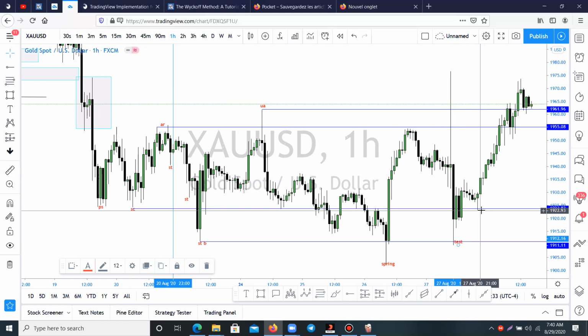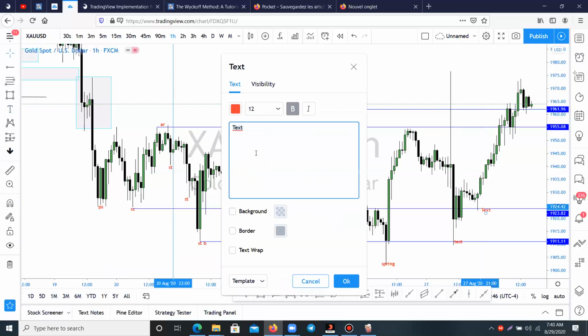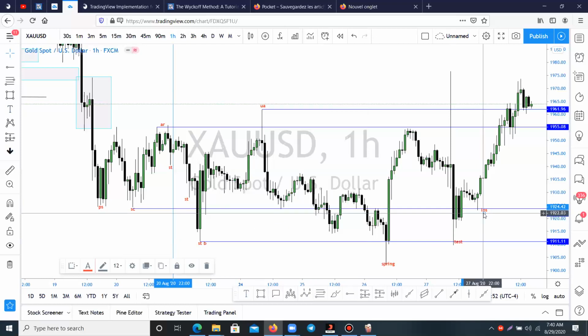That would be the last point of supply or last point of support, whatever. This is LPS. Yes, last point of support.